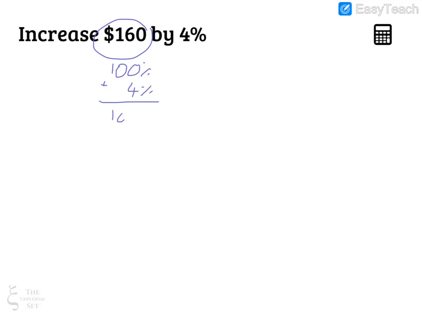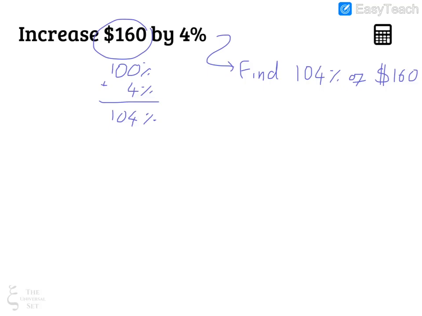Well, it's 104, isn't it? So I want to find 104%. So again, if we rewrite this question, increase $160 by 4% is the same as saying let's find 104% of $160.